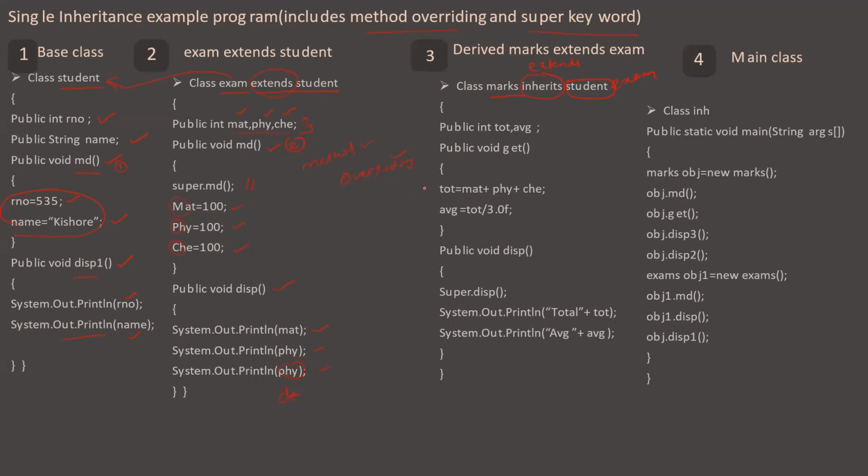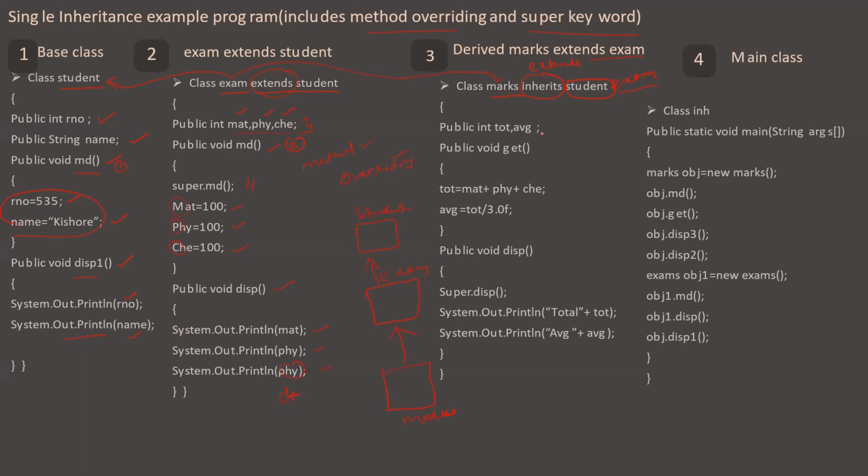Is it point clear? Now the next thing is one more class called marks, which is extending your exam. So this is the perfect structure: student is extended by exam, and in turn exam is extended by marks.